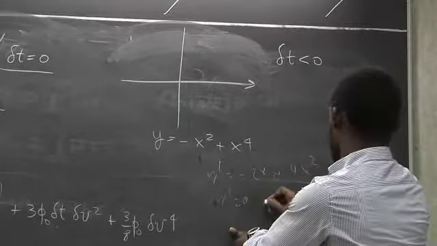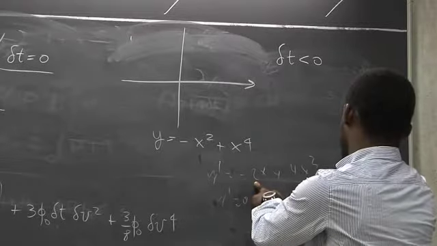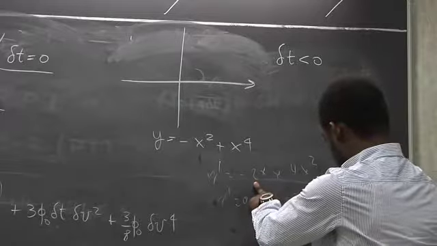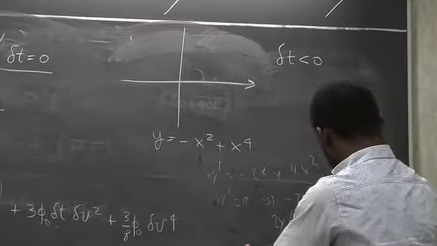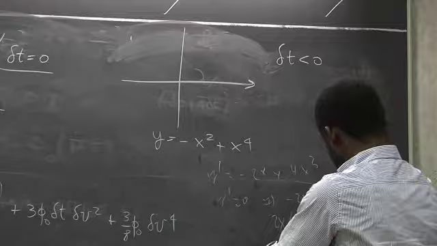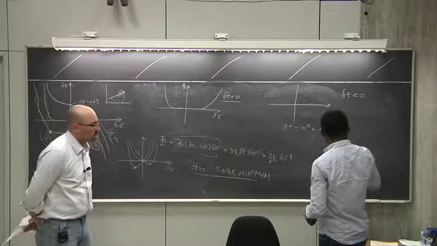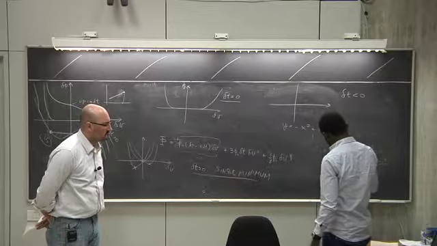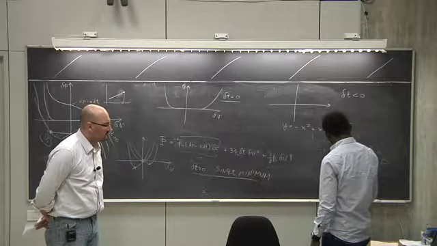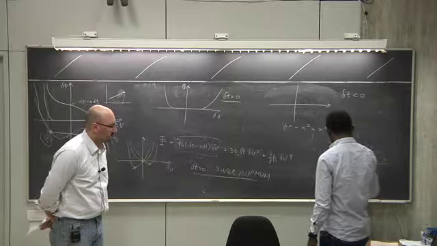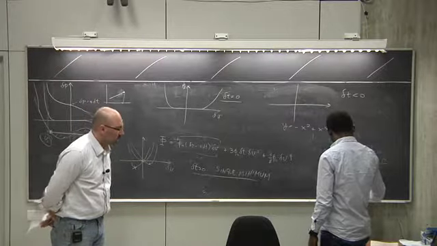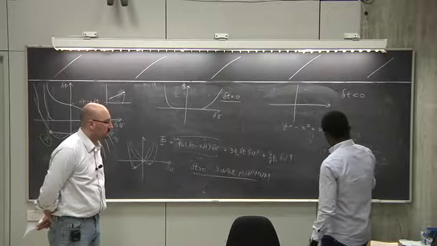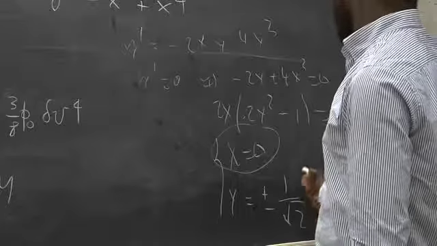This means I will get 4x squared minus 2 equals 0, so I have 2 points, x equals 0, and x equals plus or minus 1 over square root of 2. So the first derivative will be 0 for x equals 0, and for x equals this.